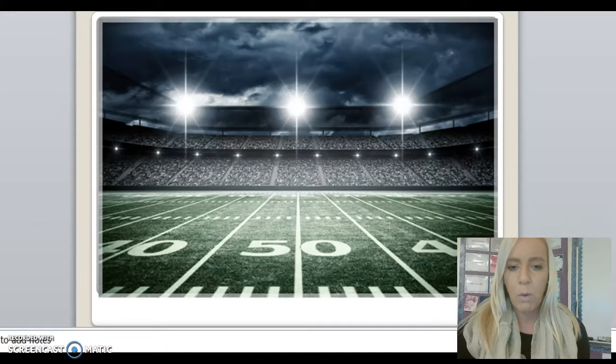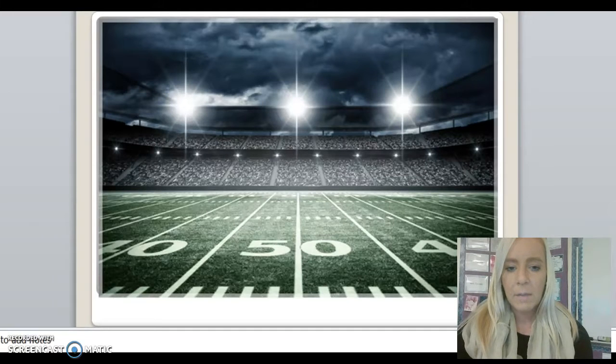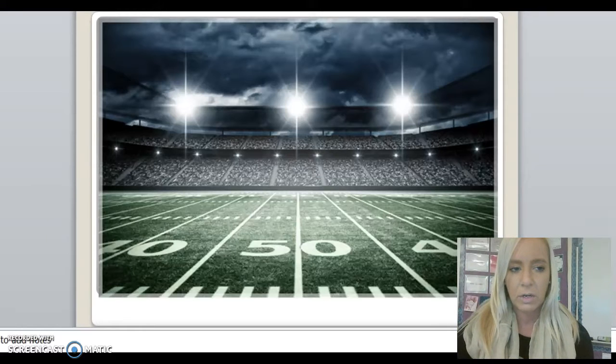Another example is if you watch sports, specifically football. Sometimes when a quarterback throws a pass that's complete, they have a yardage that's a gain, therefore it's a positive integer. Sometimes when they get sacked, they lose yards, so they have a loss of yards, therefore it's represented with a negative integer.